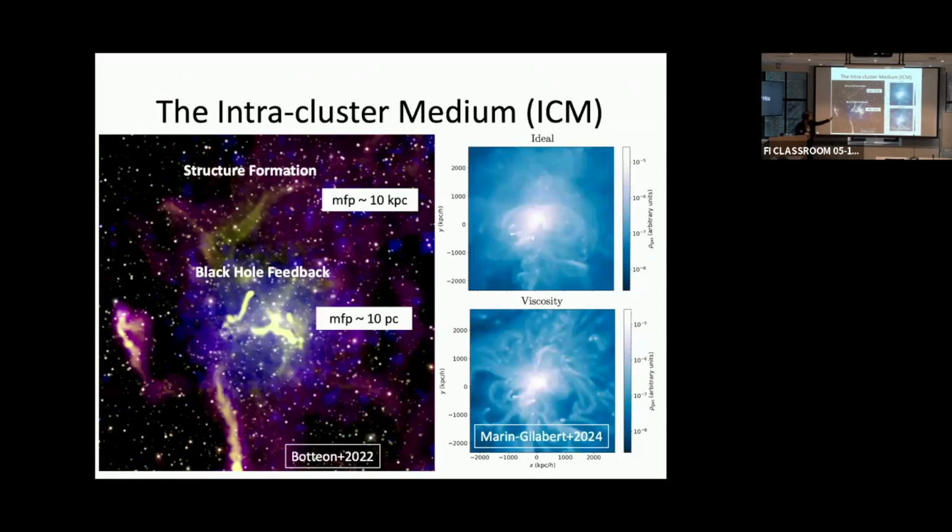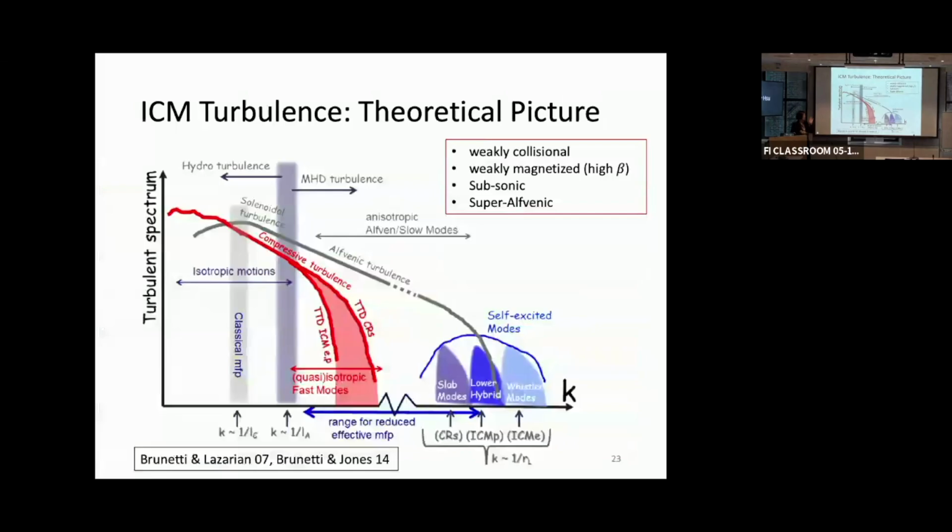And yet this has been largely ignored by the galaxy formation and evolution community. And of course, viscosity in this environment is more complicated than that because it's this weird plasma: weakly collisional, weakly magnetized, subsonic, super-Alfvénic.